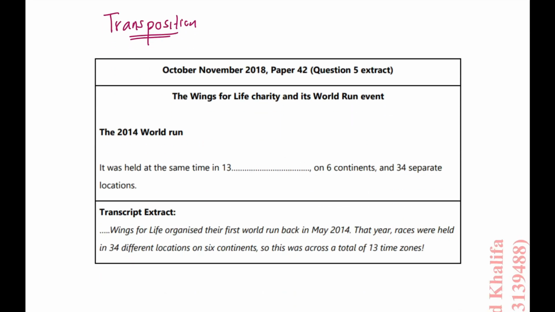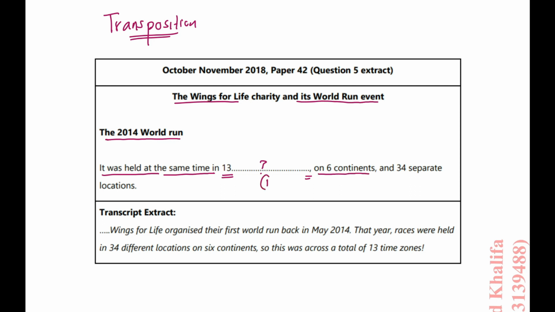October, November 2018, paper 42, question 5. The Wings for Life charity and its World Run event. The 2014 World Run was held at the same time in 13 what? And then a comma, watch out from here. On 6 continents.